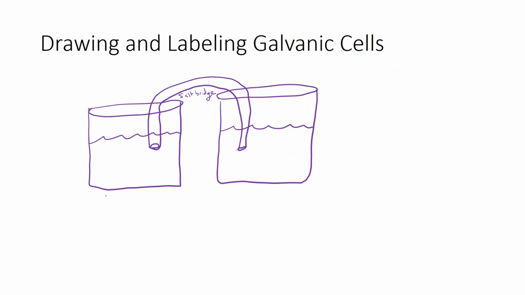On the left is where you're going to have the anode compartment, or the anode half cell. That's just done by convention. It tends to be done such that the anode is on the left and the cathode half cell is on the right. Now, what you'll have is a piece of metal of some kind, or some sort of conductive piece of metal on either side that is your electrode.